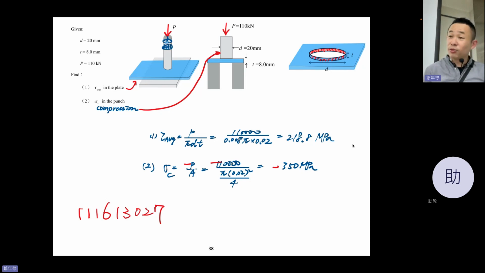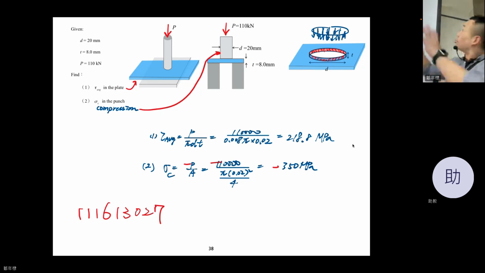It's kind of a circle, right? So the force will be uniformly like this, and then it will touch the area surrounded. You cannot just use this one.